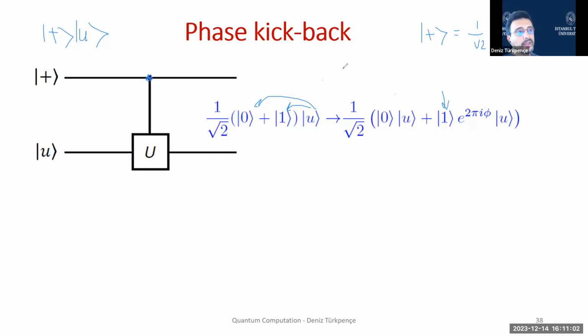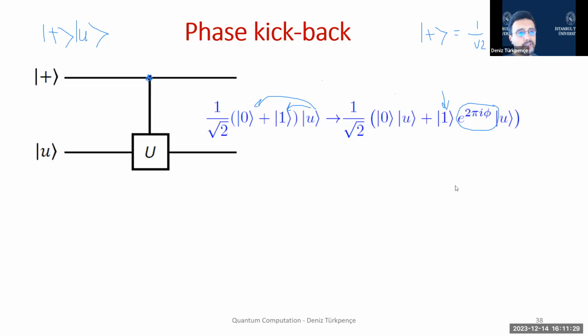And I know that since this state is an eigenstate of operator U, after this implementation, I have a lambda factor in front of it coming from this eigenvalue problem. So this factor, this number, is in front of the second qubit.